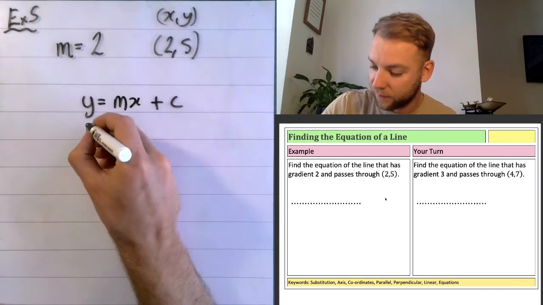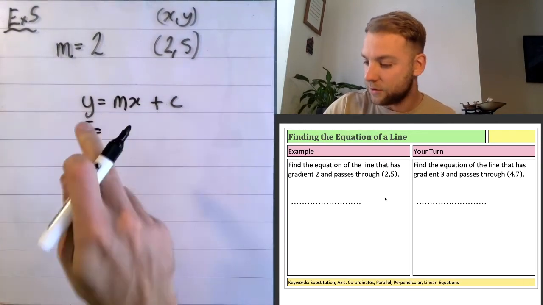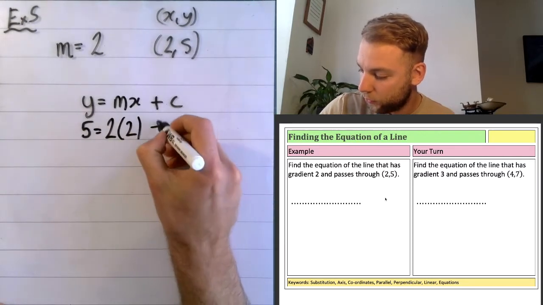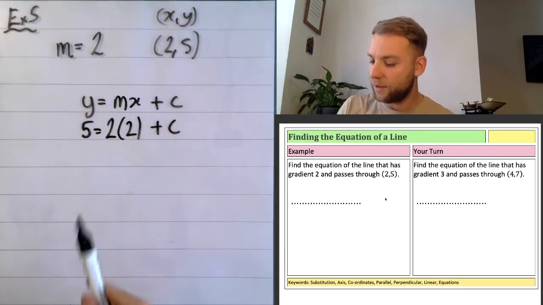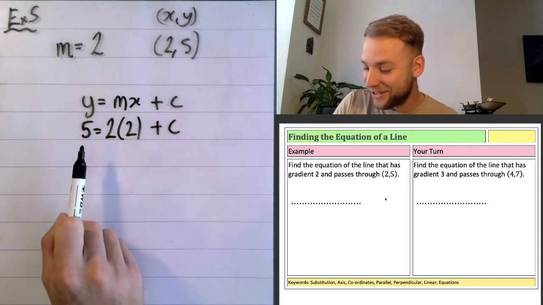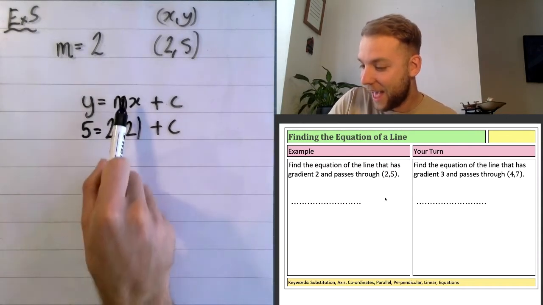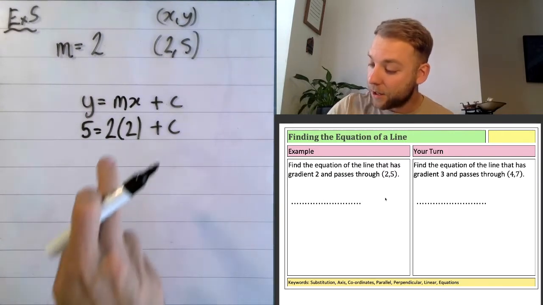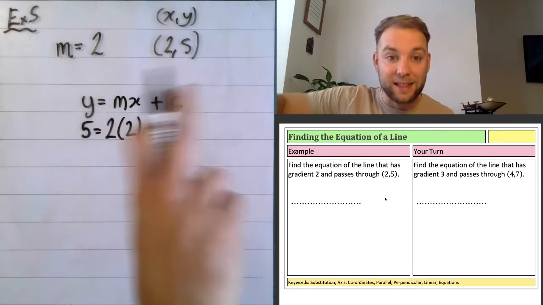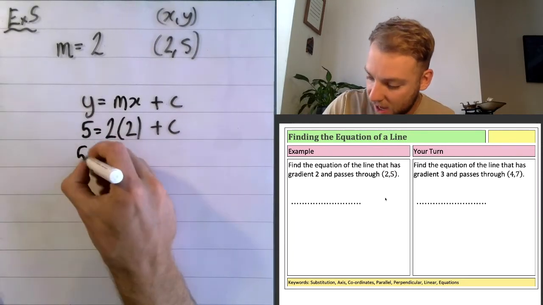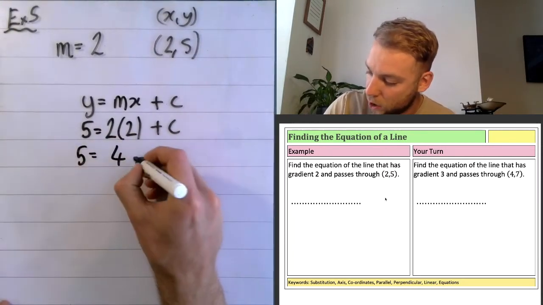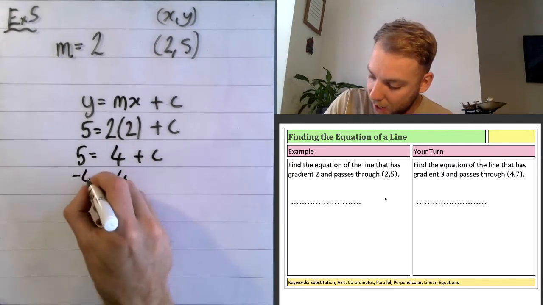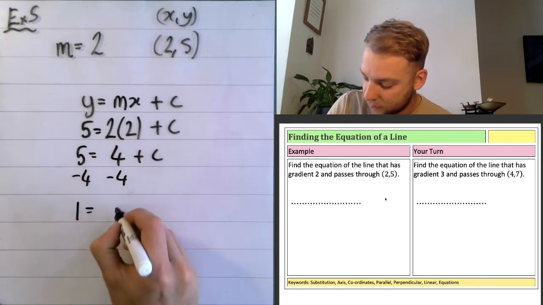So y is equal to 5, let's put that there, is equal to m, which is 2, times x, which is 2, plus c. So just to make that really clear: y is equal to 5, m is equal to 2, and this x value is 2. So I'm subbing all of that in, and then I'm going to multiply this and then solve to find c. So 5 is equal to 2 times 2, which is 4, plus c. And then I'm subtracting 4, so I end up with 1 is equal to c.